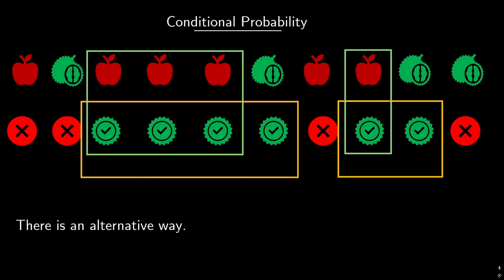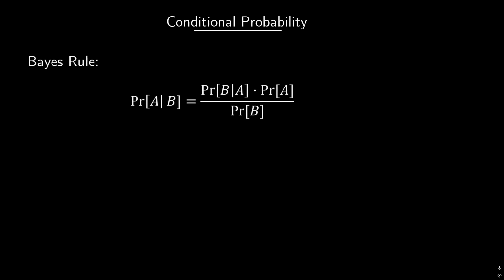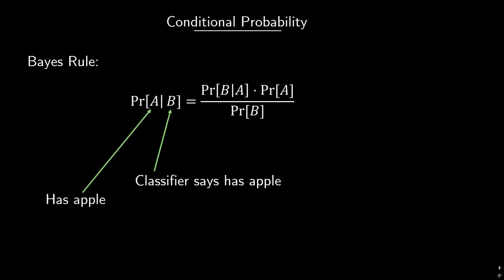There's an alternative way to do this, and it basically uses something called Bayes' rule. This rule is actually super useful. Let me explain what it does. It's saying that the probability of A given B can be rewritten as the probability of B given A times the probability of A, divided by the probability of B. Again, what we care about is the fact that when the classifier says that we have an apple, we indeed do have an apple.